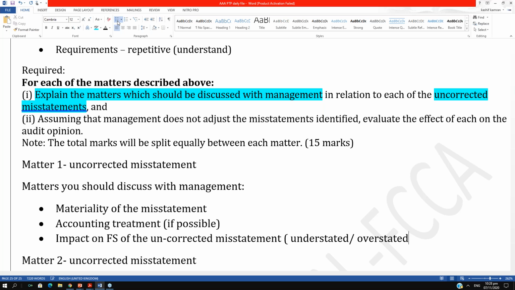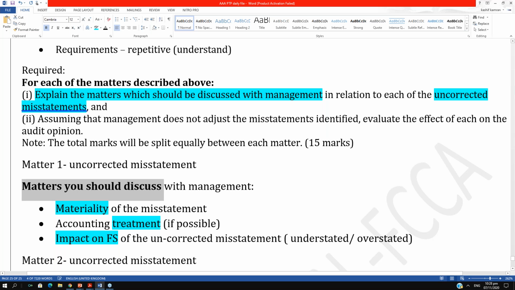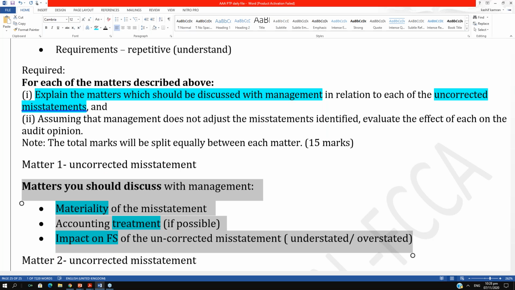So you discuss materiality, treatment, and the impact on the financial statements, in relation to each of the uncorrected misstatements.